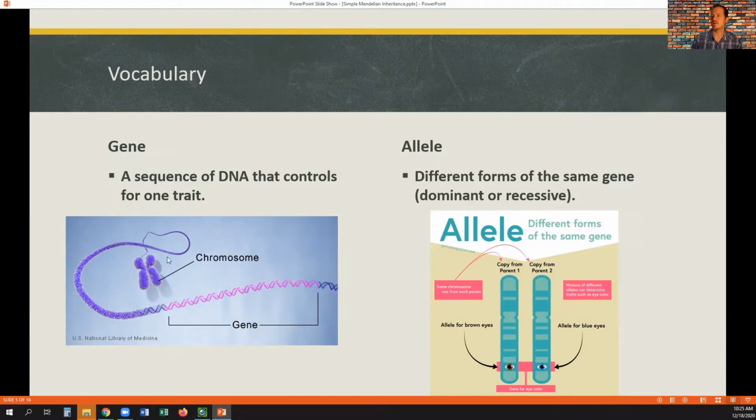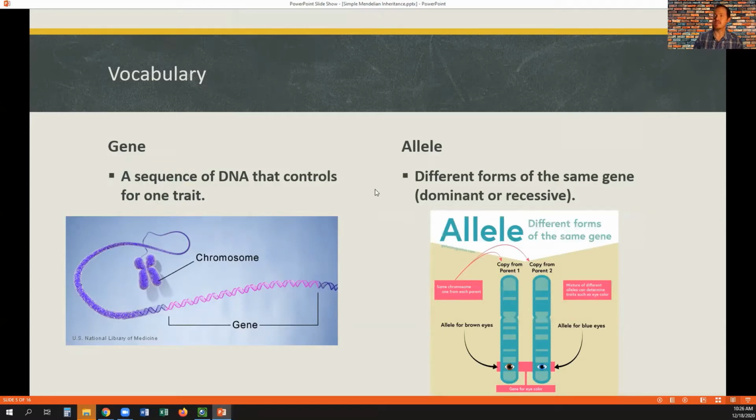If you remember back to your lesson, DNA makes these structures called chromosomes, and so here's our homologous chromosome, and it's unraveled into a single strand of DNA. When you take a sequence of that DNA, we call that a gene. And that gene typically controls for one trait for that individual. So it codes for one trait.